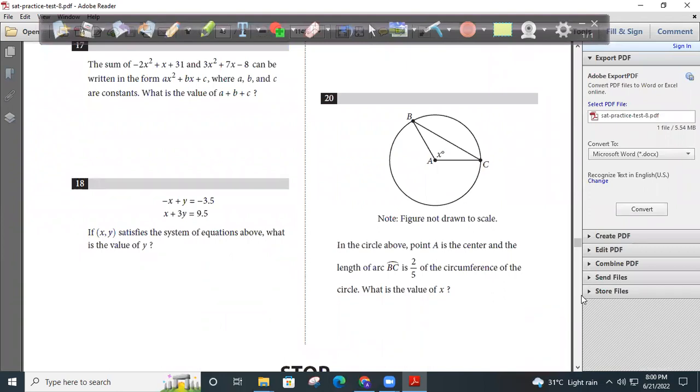Please give me your answer for question number 20.